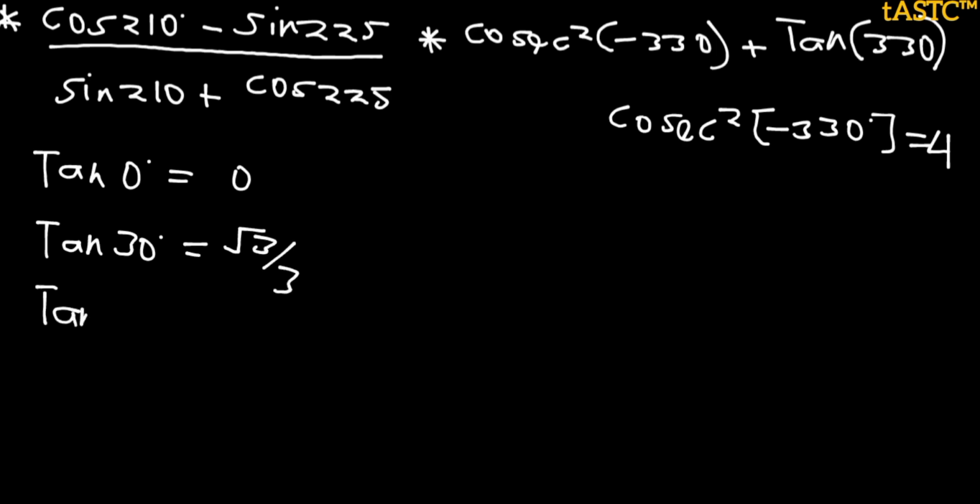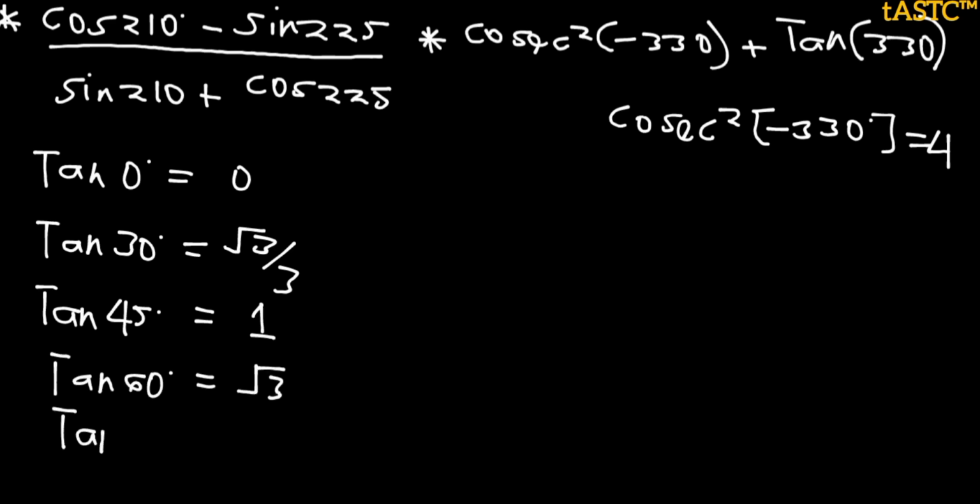And if you have the tan of a 45 degree, that would actually give you a 1. And the tan of a 60 degree will give you a root 3. And the tan of a 90 degree gives you undefined or complex infinity, because we cannot actually find that. Well, you could also use your hand trick to find it. In this case, you're going to use your left hand.